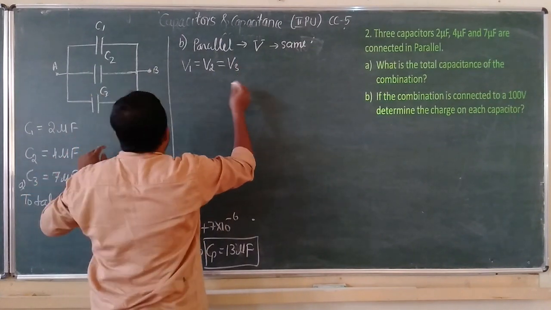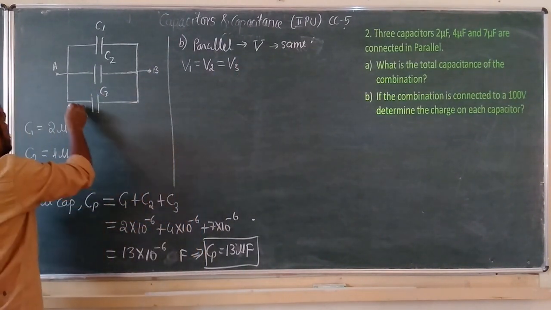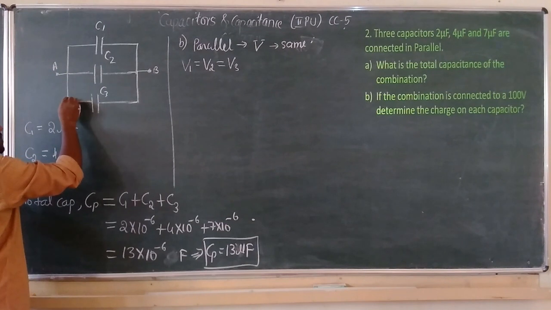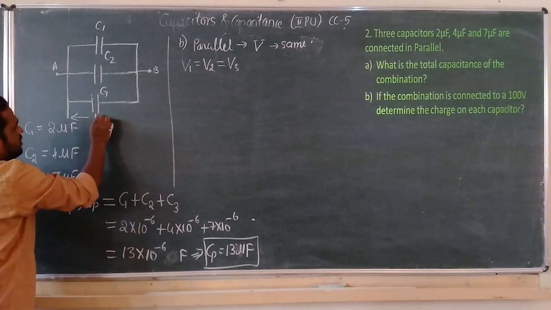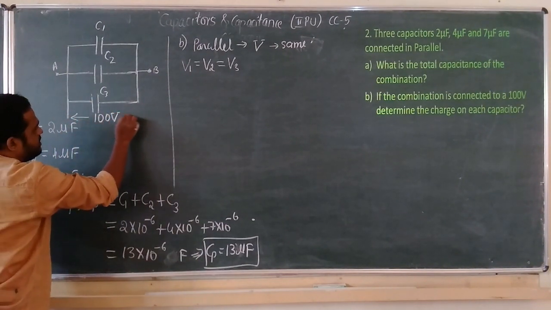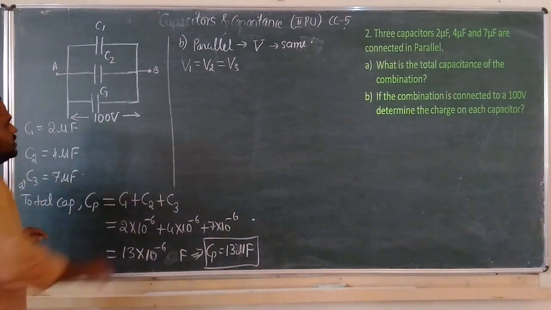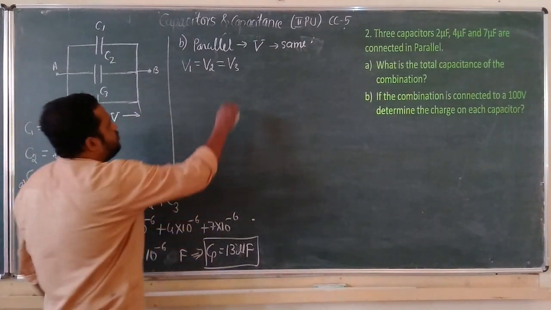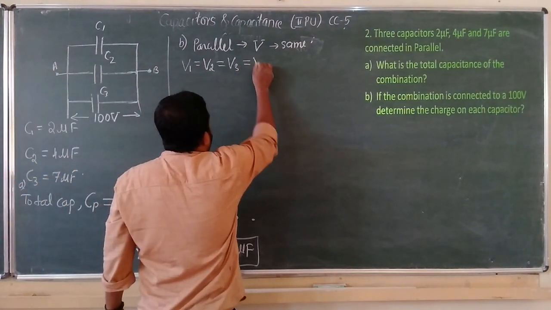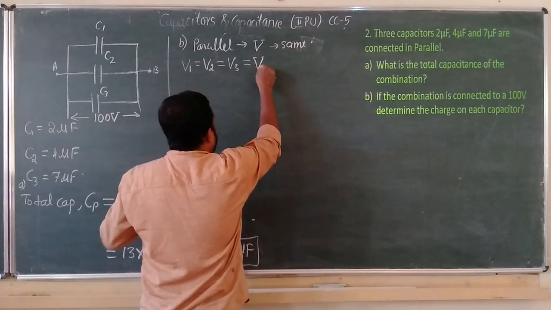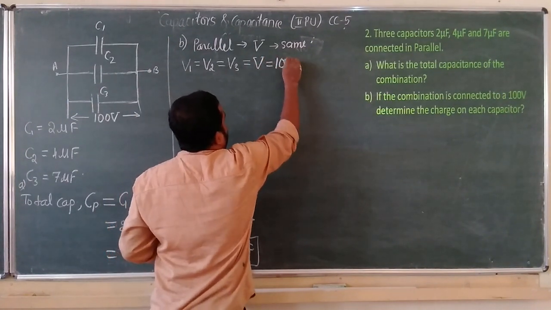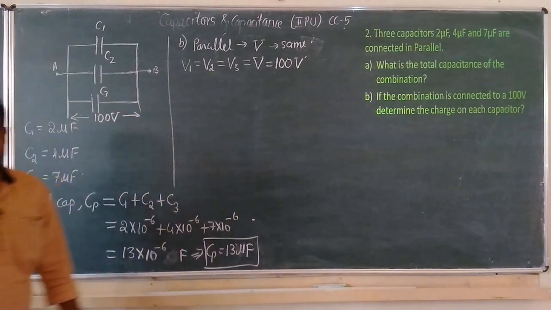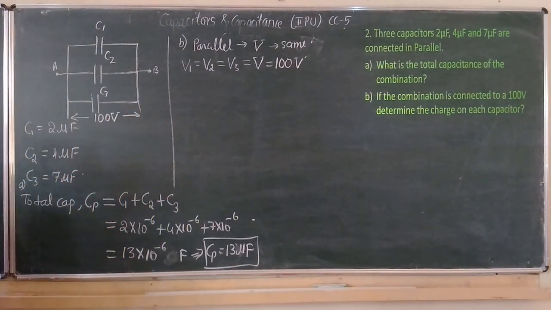Given that the combination of capacitors is connected across a 100 volt supply, that is a 100 volt battery, the potential difference across each capacitor can be represented as V only, because it is the same, equal to 100 volt in this case.